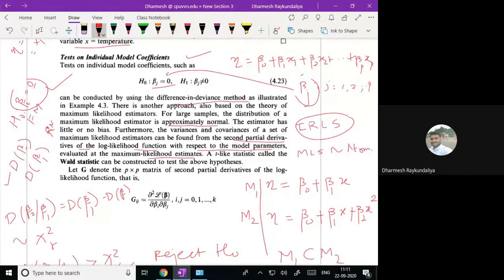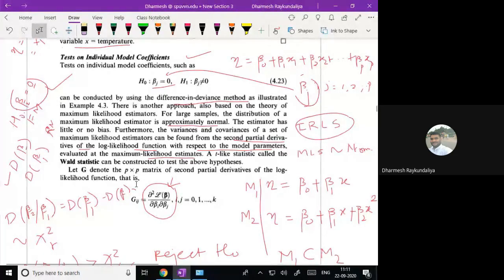So we have already obtained the second derivative of the log likelihood with respect to the parameters beta i and beta j. This is nothing but del square L of beta by del beta i del beta j. And if you take the minus of the second derivative and its expected value, it gives the variance.